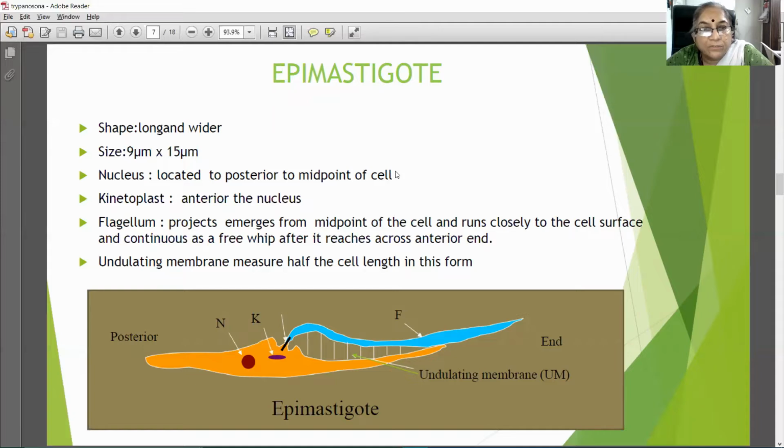Flagellum emerges from the midpoint of the cell and runs closely along the cell surface as a free web, and once it reaches the anterior end, it touches there, and this touching flagellum forms an undulating membrane which is going to contract and expand during its movements.